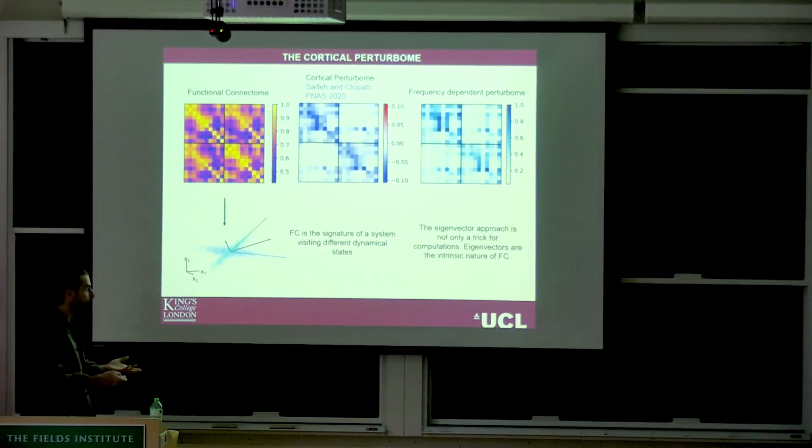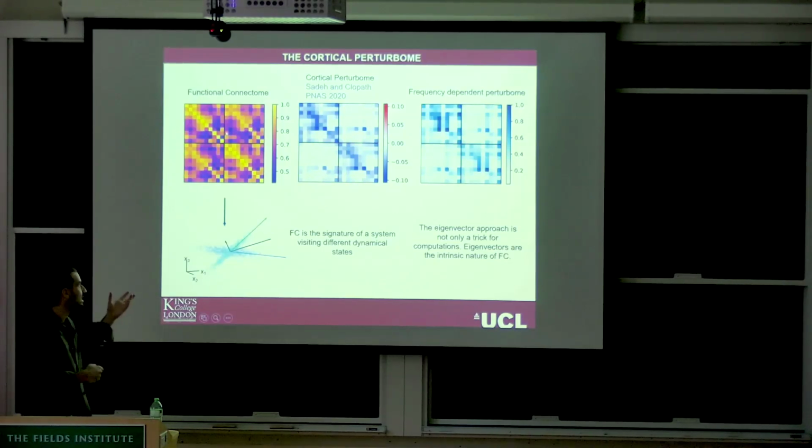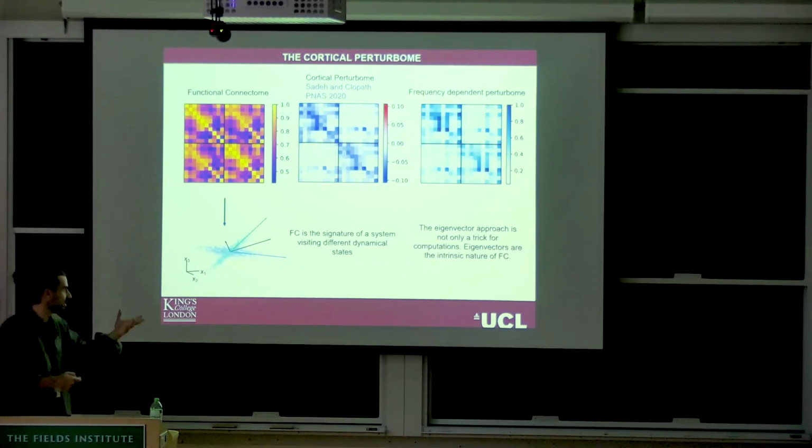And to conclude, this eigenvector approach is not only a trick for making computation faster. These eigenvectors are the intrinsic nature of functional connectivity. I like to see FC as a bunch of eigenvectors, a bunch of axes expressing how the signal evolves in time. So brain modes here are not only a way to make computation faster, but also the intrinsic nature of DySCo.